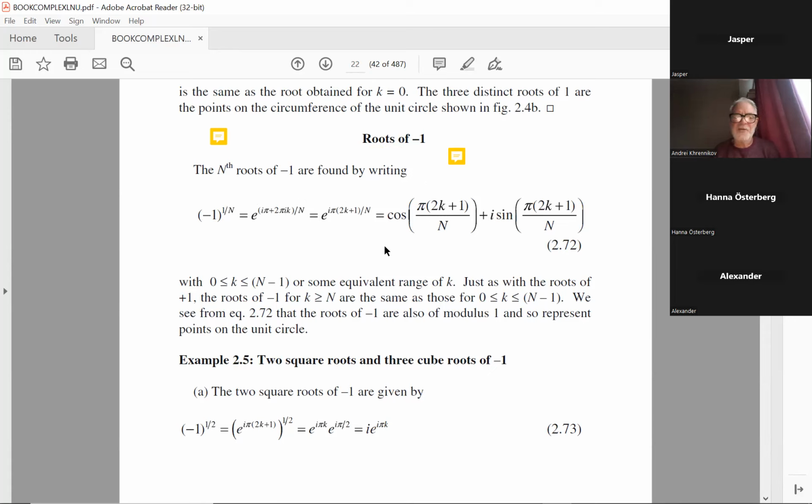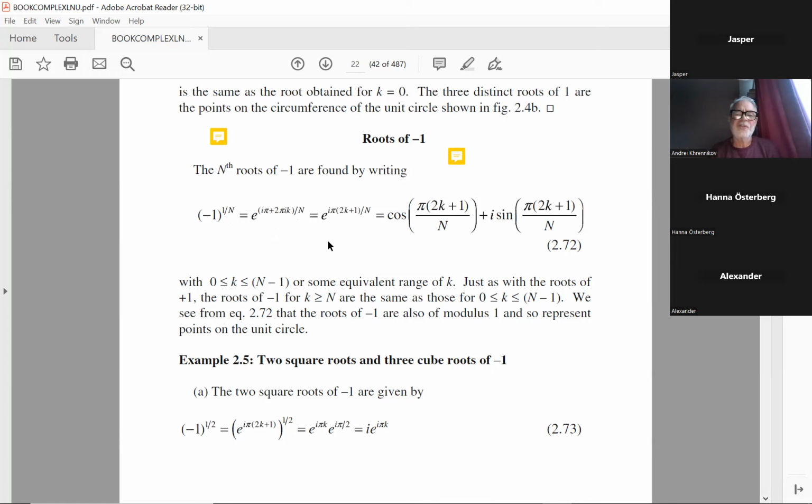So if I take -1, it is here, and then I start to rotate, 1 rotation and so on, as many rotations as I like. So you should always take into account that -1 is not only I pi, but also this. Then we write this formula, and then we can find all possible roots of degree n.